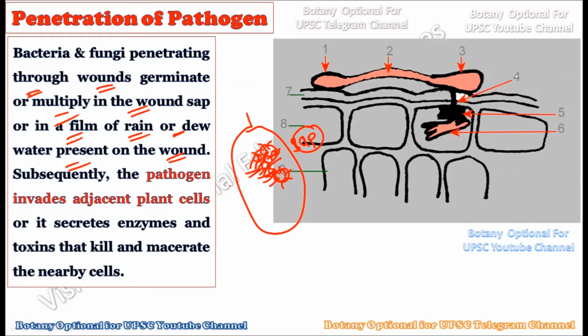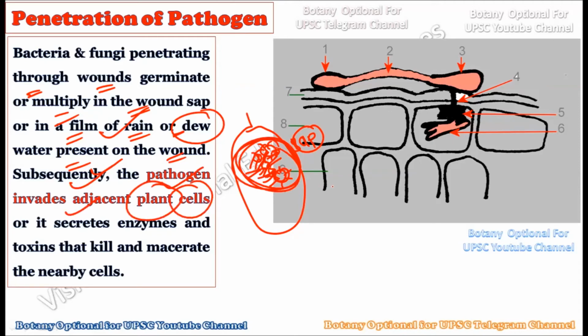So basically, once there is a wound, it becomes very easy for the bacteria and fungi to grow there because they can extract the sap from the plant. They can hold on to the plant body, to the dead tissue, or to the film of rain or dew water which is present around the wound. Subsequently the pathogen invades the adjacent plant cells.